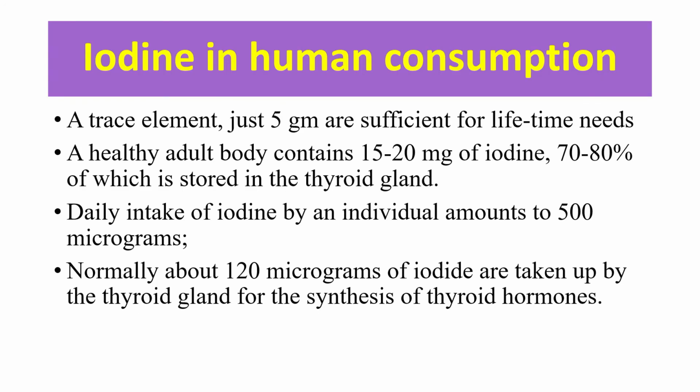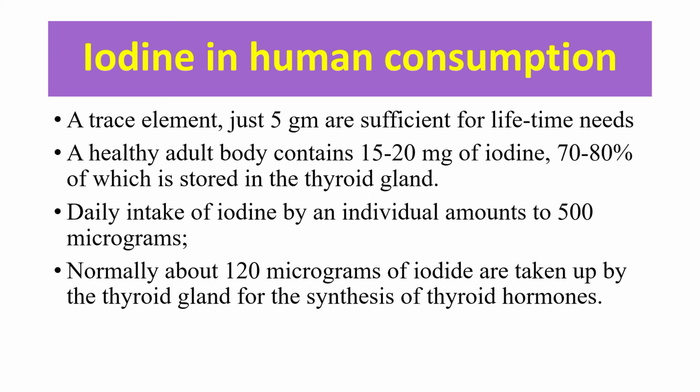Iodine is one of the micronutrients which is essentially required for human consumption. A trace element which is required in a very small quantity, like a 70-year-old person may require just 5 grams throughout his or her life.